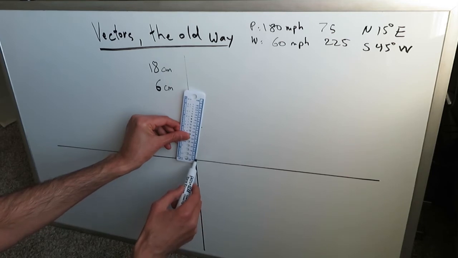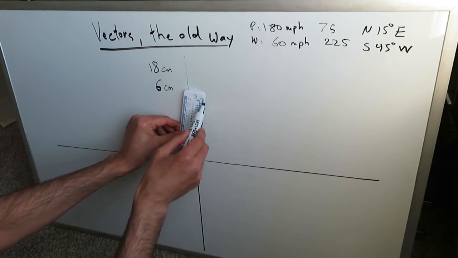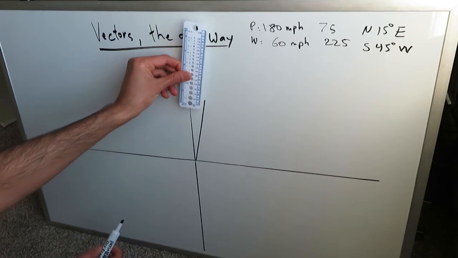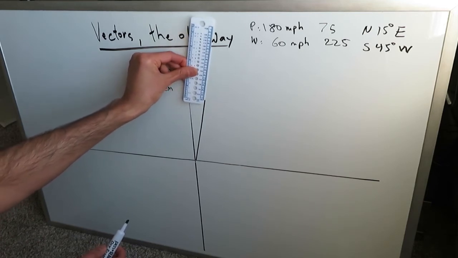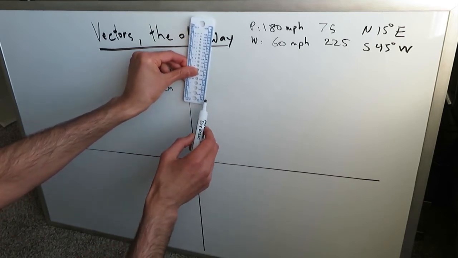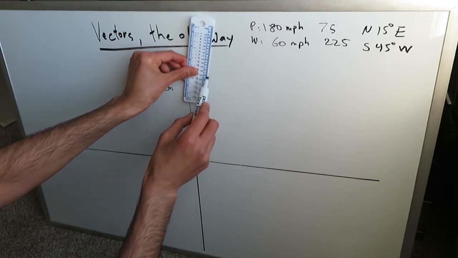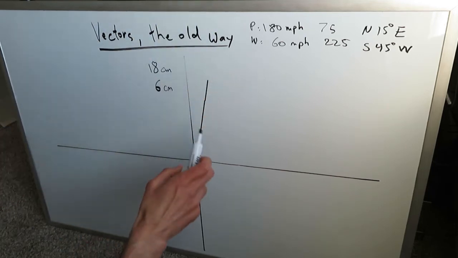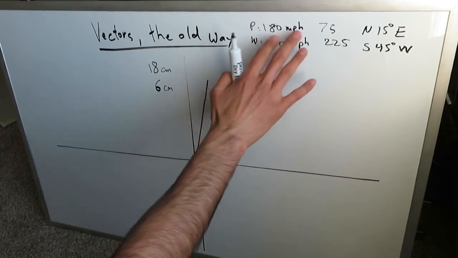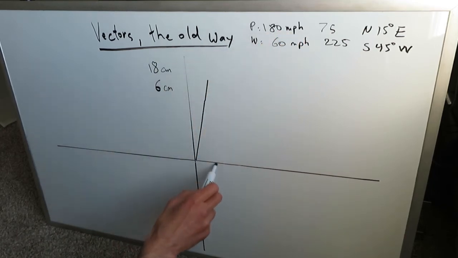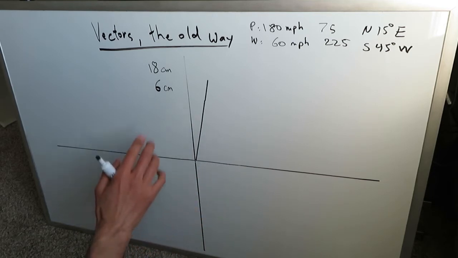From the origin, let's go 14, let's add 4 more, and then we'll get our 18 centimeters. Here's 18 centimeters, or 180 miles per hour, at a direction of 75 degrees.